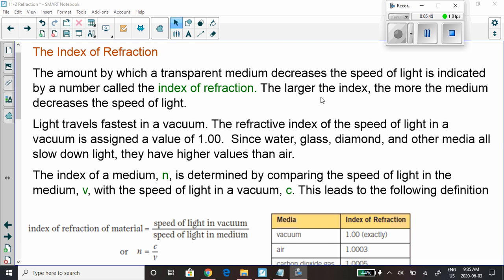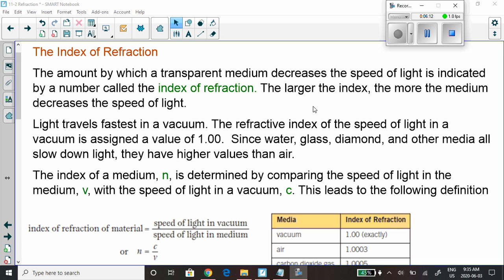Now, the next thing that scientists wanted to do is actually quantify by how much the speed changed when light enters a particular material. By how much does the light change its direction? How much does it actually bend when it goes from one material into another?